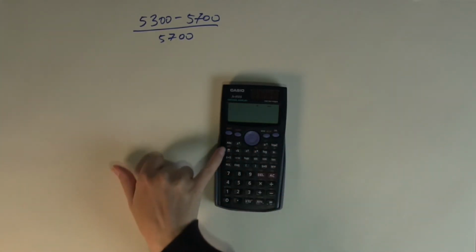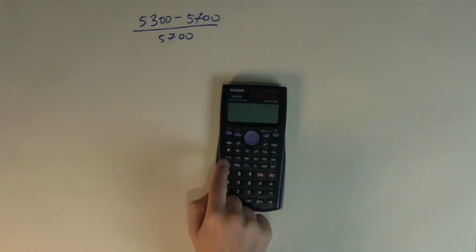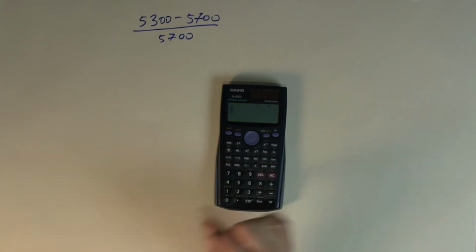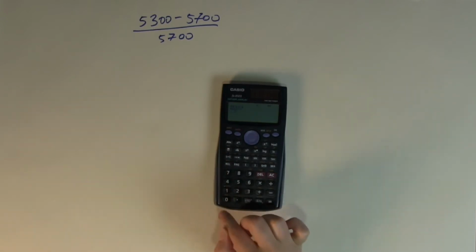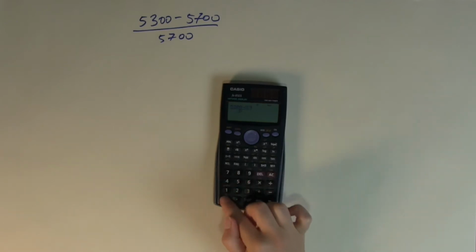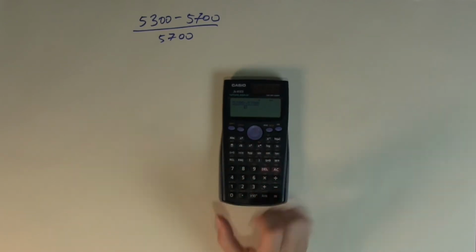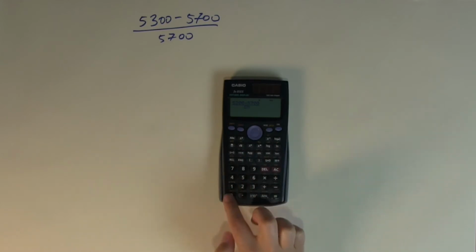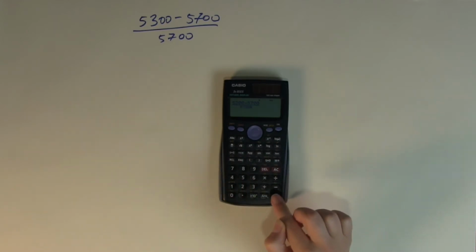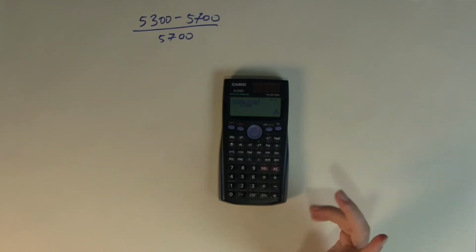There is this fraction button, and then you just type into the top 5,300 minus 5,700, then come down using the arrow buttons, type in 5,700, and quickly hit the equal sign, and it gives you the answer straight away.